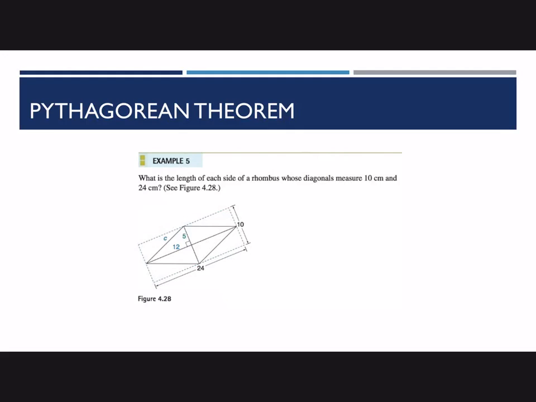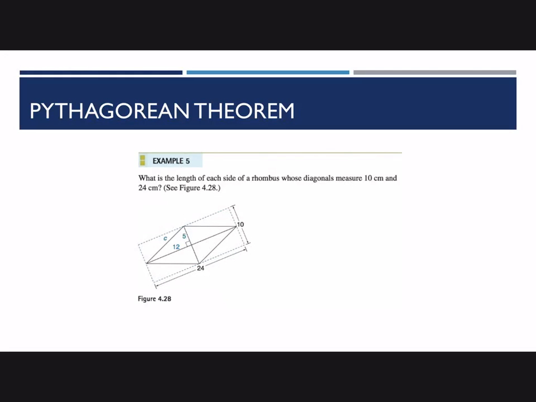All right, so as you read through this textbook section, there are lots of different facts about rhombi, which is the plural of rhombus. There are lots of facts about rhombi that I haven't mentioned in this video, but one of them is that the diagonals bisect each other.